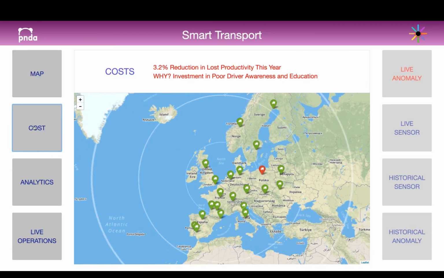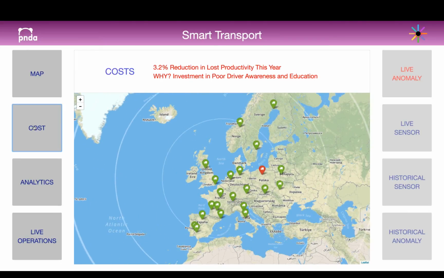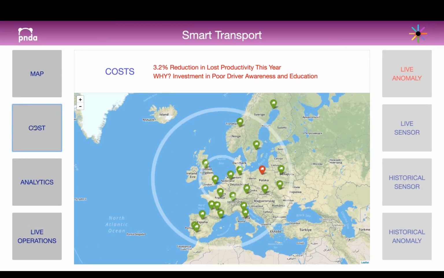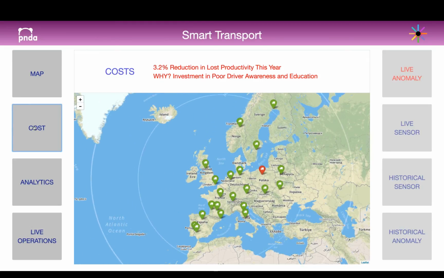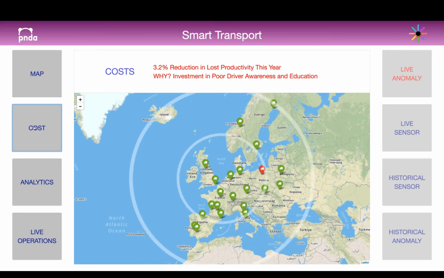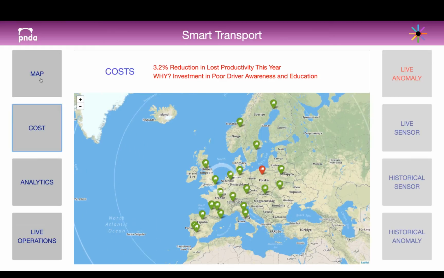So here's an example of considering all of the information. What are some interesting costs? And what the system has determined is that there can be a reduction in lost productivity over the course of 12 months due to poor driver awareness and perhaps education.